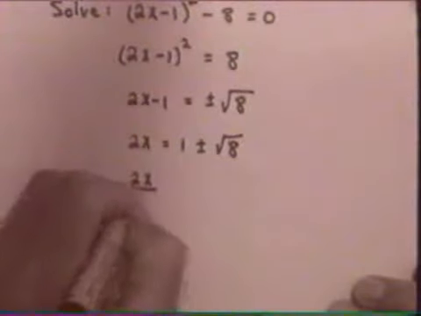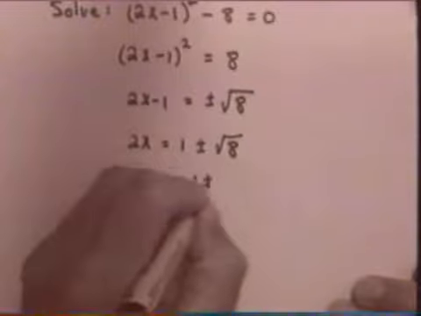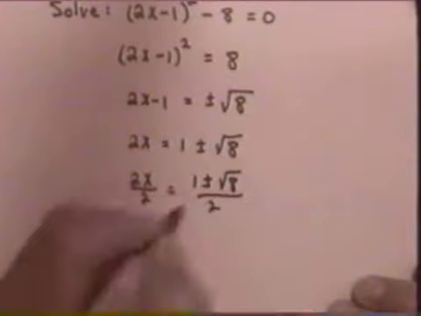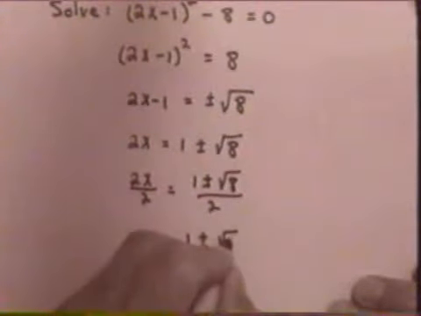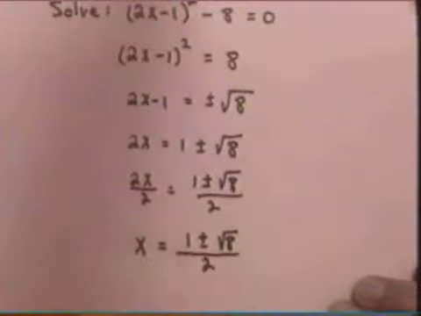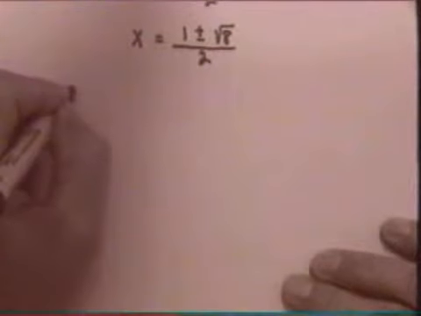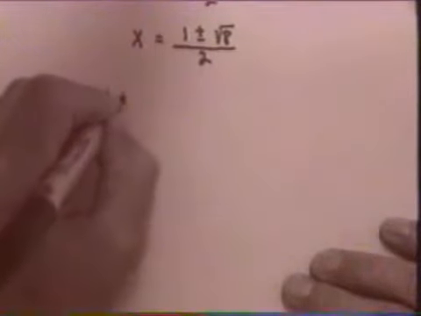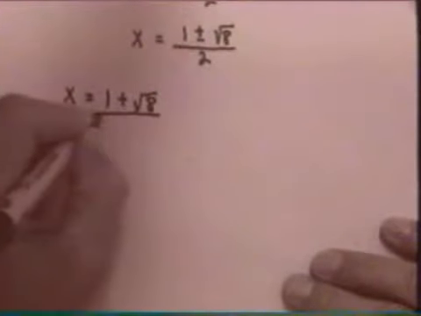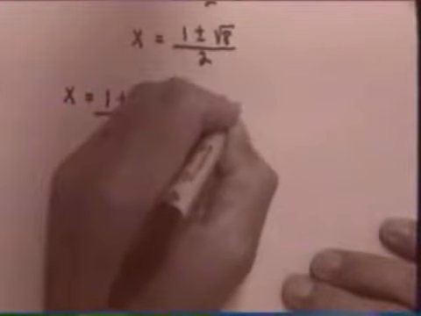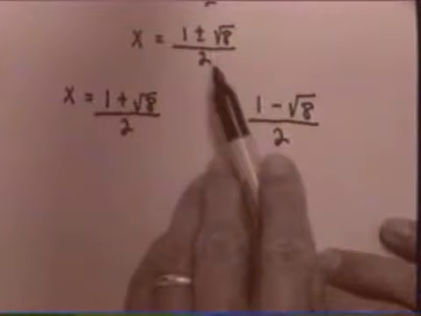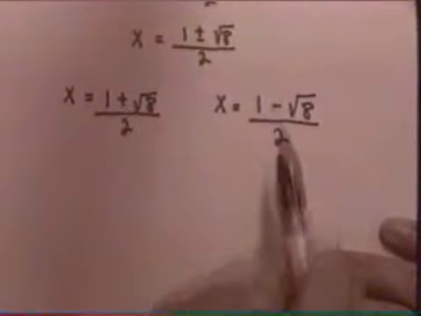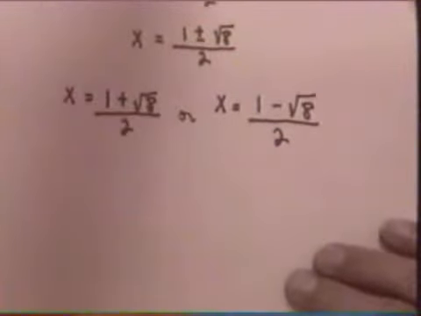So I have 2x divided by 2 is equal to 1 plus or minus the square root of 8 divided by 2, where I get x is 1 plus or minus the square root of 8 divided by 2. I can write this as x is equal to positive 1 plus the square root of 8 divided by 2. Or I can write x is equal to positive 1 minus the square root of 8 divided by 2. That's what the plus or minus means. It could be a positive, it could be a negative, and that's how I get my two answers.